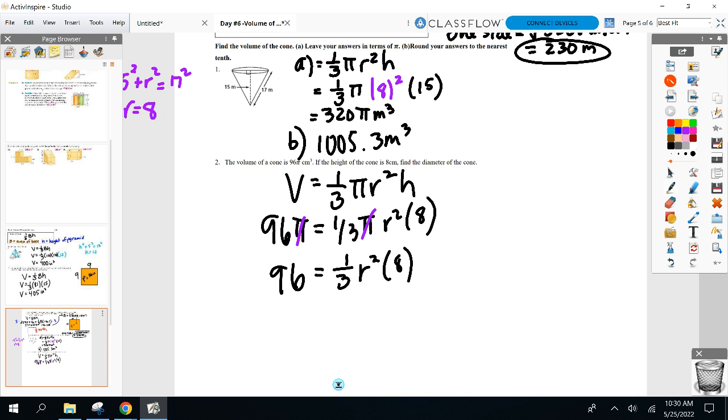You times it by 3. Okay, that's fine. You could divide by 8 too. It doesn't matter. It's all going to get done eventually. 8r squared equals 288. And then divide both sides by 8.